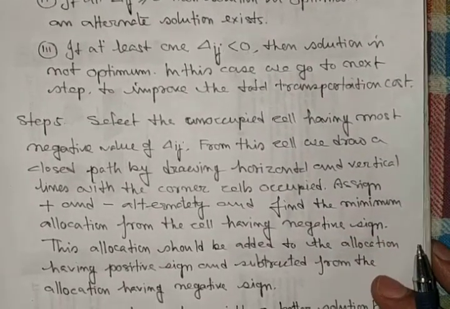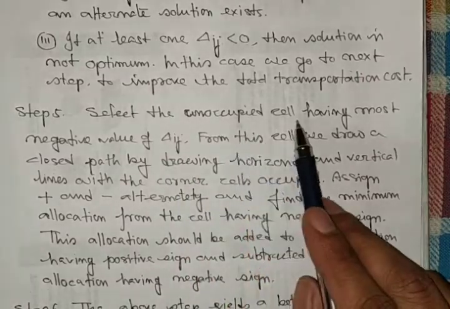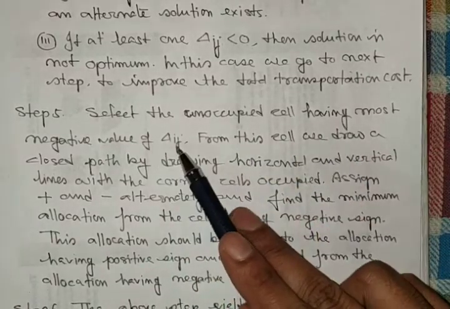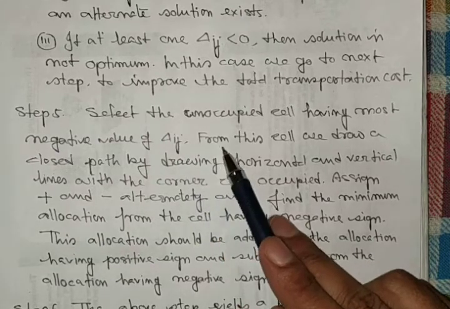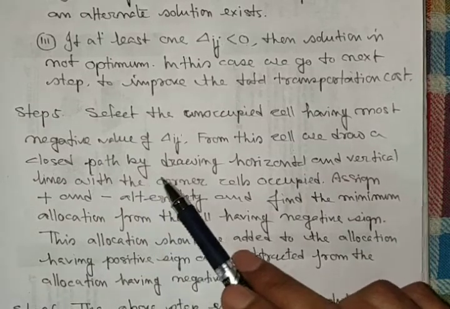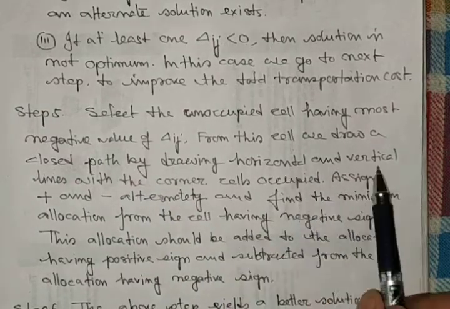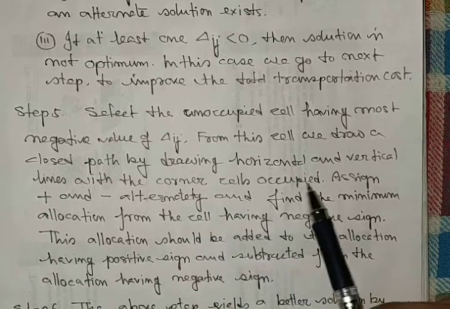So step 5. Select the unoccupied cell having the most negative value of delta ij. From this cell, we draw a closed path by drawing horizontal and vertical lines with a corner cell occupied.